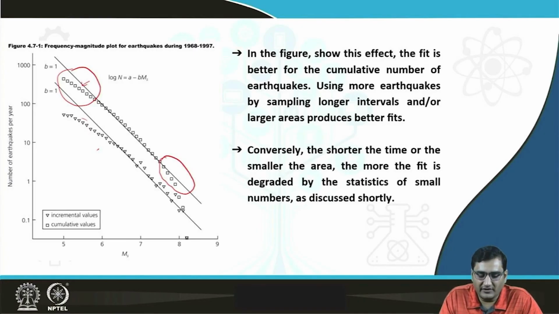So for the smaller magnitude, the smaller earthquakes are unrecorded maybe because of the sensitivity of the network or the instrument, or we are not interested in the smaller earthquakes. So this will deviate. So the magnitude of completeness, or the completeness of the catalog, is not there, or you can say your catalog is incomplete.